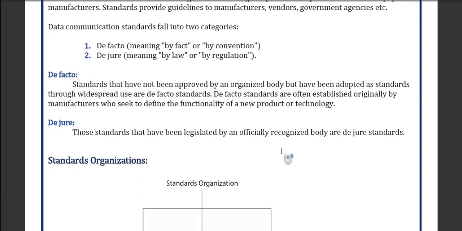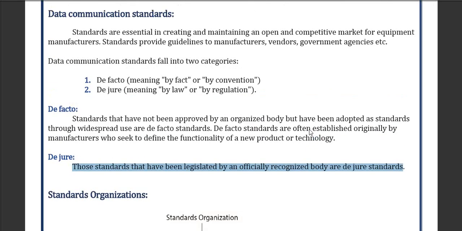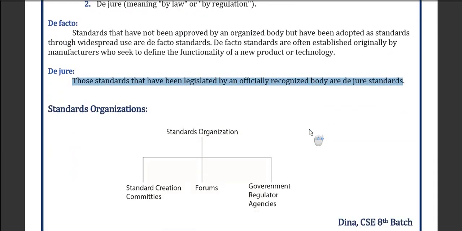De facto standards have not been approved by an organization body but have been widely adopted, meaning they are developed by practice, and de jure is under a law. An organization has a law to use the de jure function in data communication standards.